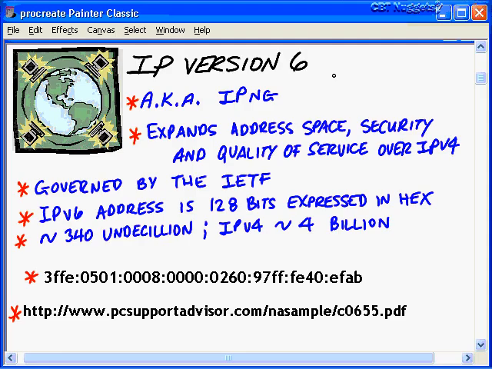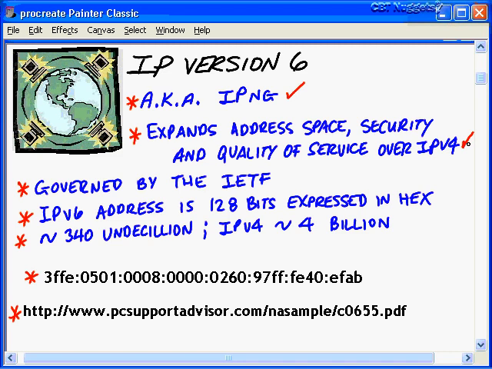Before we leave this nugget, I got to tell you that the future is here. IP version 6 is already being put in place to replace IP version 4. IP version 6, also known as IPng for IP Next Generation. It greatly expands the address space. It enhances the security of your IP addressing, and it improves quality of service over IP version 4.